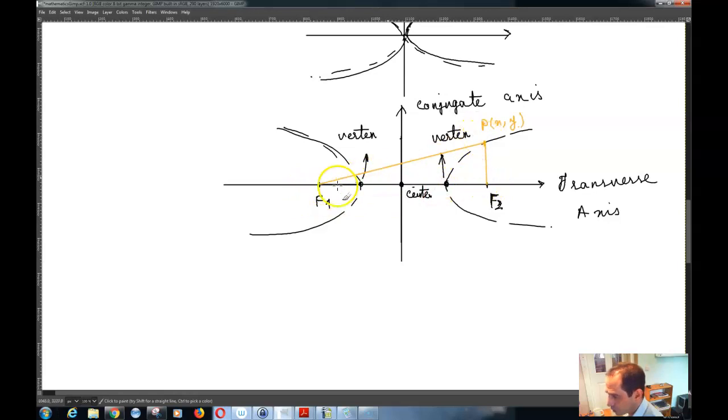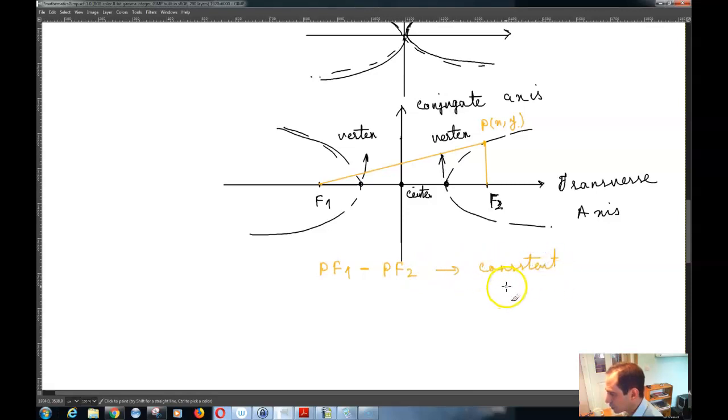One of them is farther away from P than the other one. For example, in this case F1 is farther away from P than F2. So the distance of that farther focus with that point would be PF1, and if you subtract from that the distance of the same point with the other focus, PF2, this is some constant.